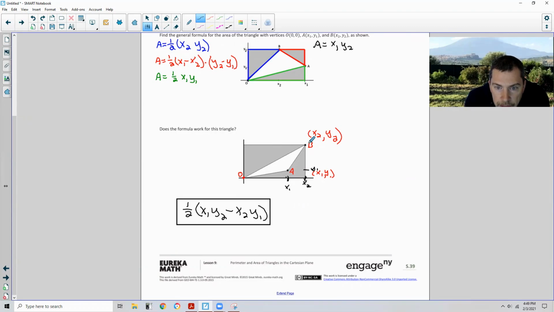This point up here is y2. Okay, and you could have done it rearranged. You could have called this x1, y1, and this x2, y2, like we did in the prior problem, but either way, it will work.